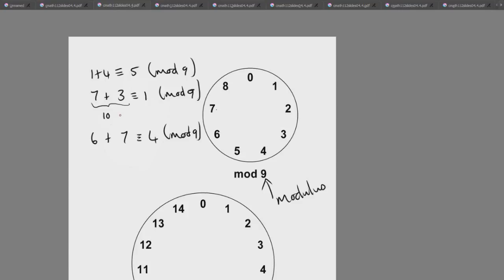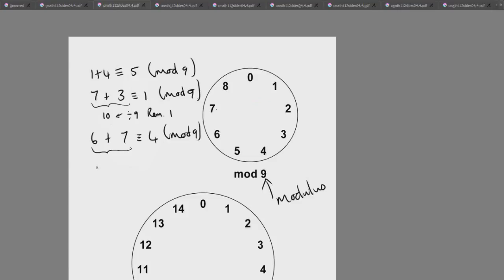So if I divide this by 9, the remainder is 1. Because by dividing by 9, I am seeing how many full loops of 9 steps, a full circle, can fit into these number of steps. 1 full loop, how many are left? 1. So I'm going to be left at 1.